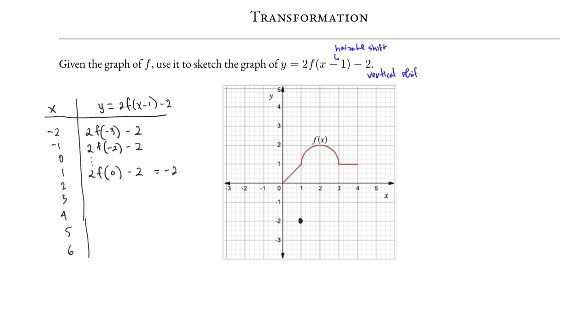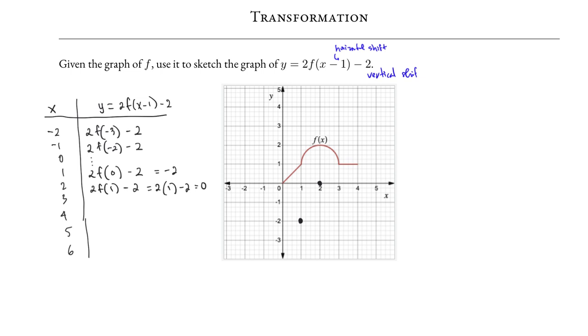When x equals 2, we plug 2 into the expression. 2 minus 1 is now 1, and we still write the coefficient 2 in front of f, and we still need to subtract 2. Now from the graph, we know that f of 1 is 1, so this is 2 times 1 minus 2, so 2 minus 2 is 0, and so the point 2 comma 0 will be on the graph.